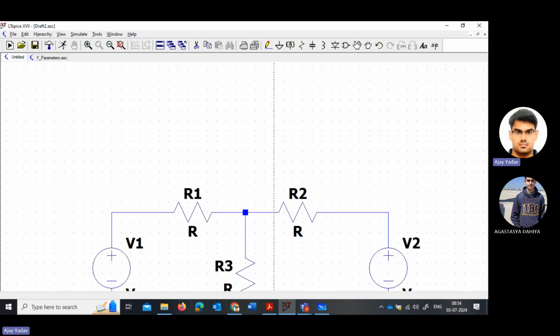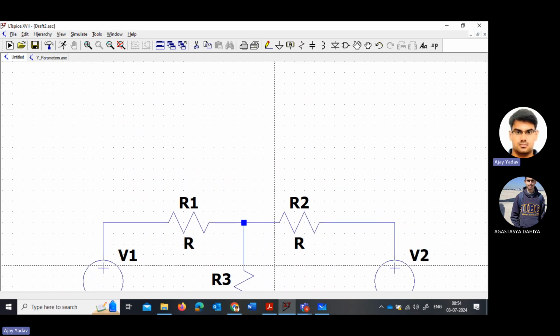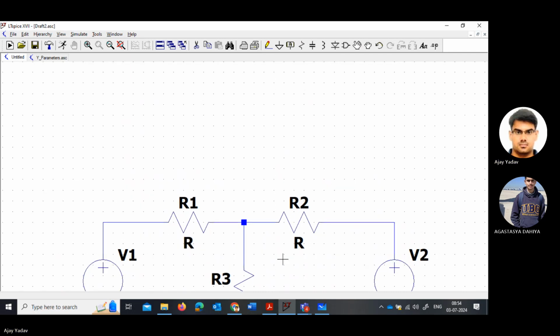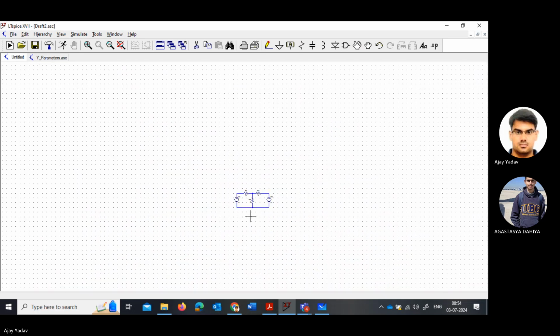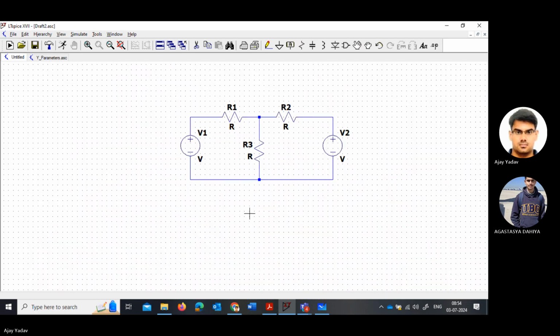We need to connect this with ground also. Please remember, generally people make this mistake. So we will connect one ground here. You can give the values here.